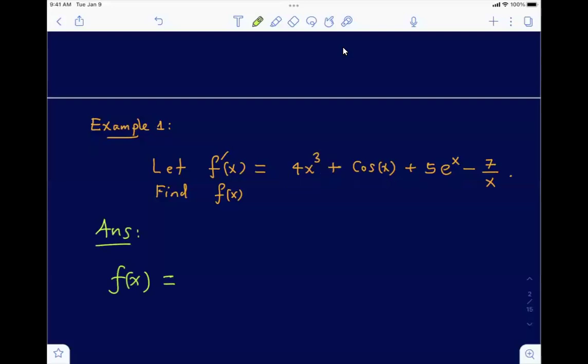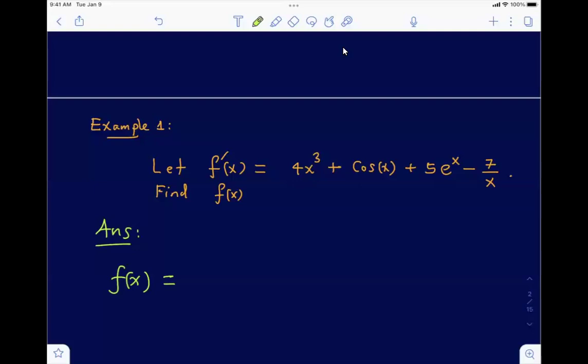When you consider derivatives, which function, when you differentiate, would result in 4x cubed? If you do not recall it, think carefully, and do the same process with each and every individual function here. Give it a try if you can write it. If not, pause this video and make sure that you attempt this first.